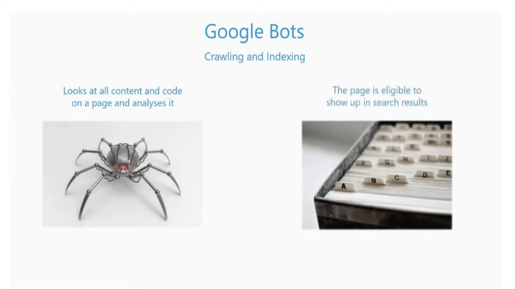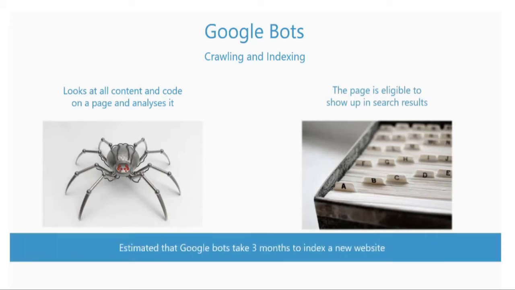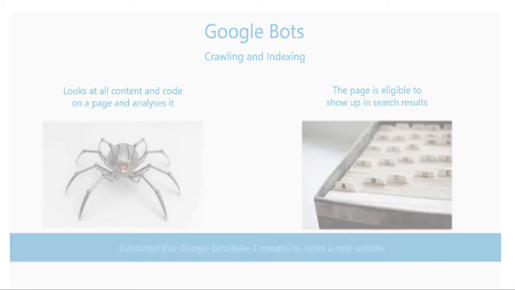Indexing is seeing if the page is eligible to show up in search results. It is estimated that Google bots take 3 months to index a new site, according to boostability.com. If your site is older and is not experiencing crawling, your design could be an issue. When bots can't access your site, it decreases your ranking.